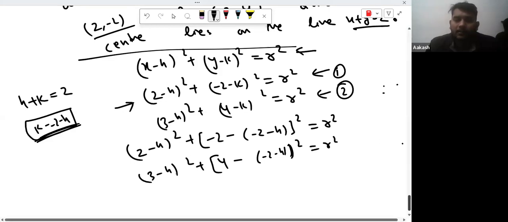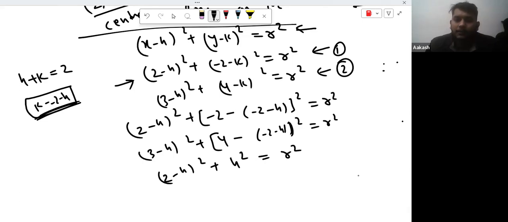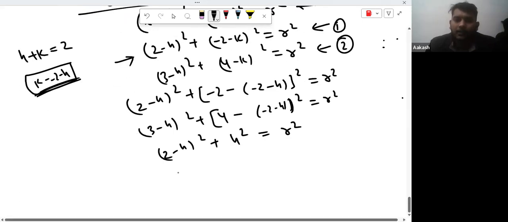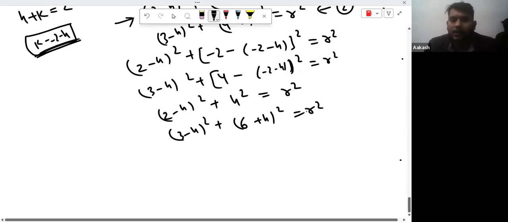If you simplify this, the minus 2 and plus 2 get cancelled. So this is h square equals r square. And here (3 minus h) whole square plus (6 plus h) whole square is equal to r square. Now if you subtract these two equations, you can find the value of h, because r will be cancelled.